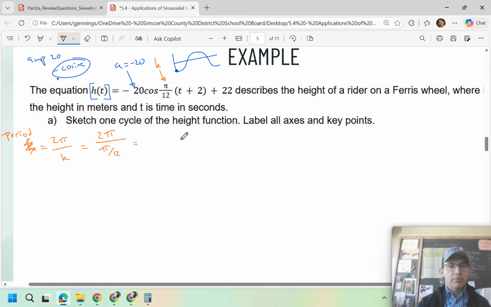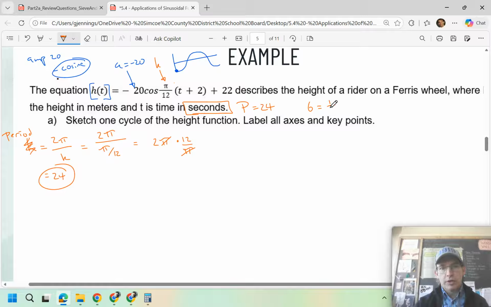When I keep flip change, that's 2 pi multiplied by 12 on pi, which is cancel, cancel. Fancy way of saying 24. So every 24 seconds, this thing completes a full period. Cool. So then our 1/4 period is really easy to get. It's 6. So 6 equals the 1/4 period.